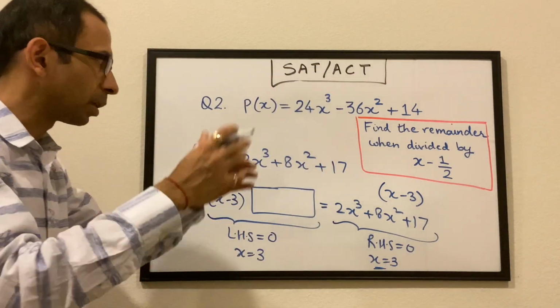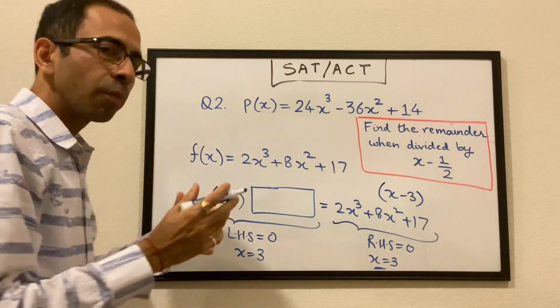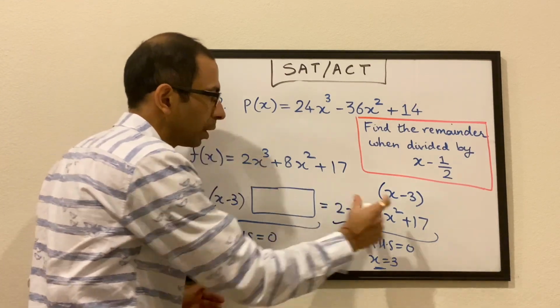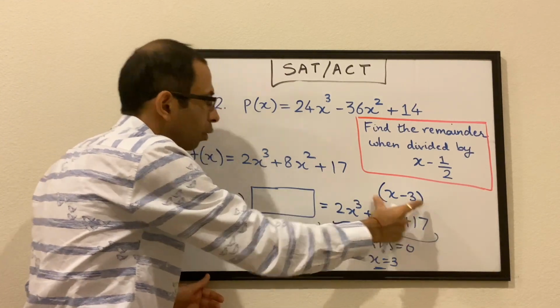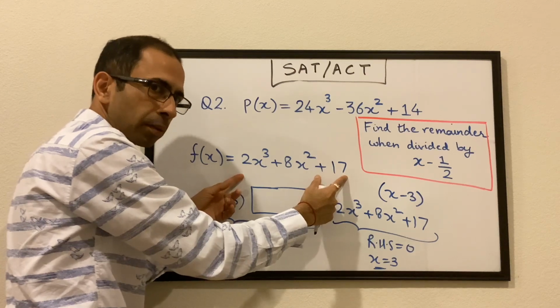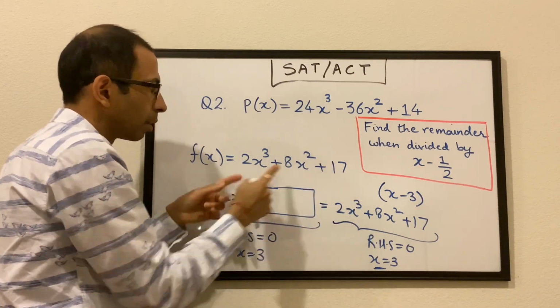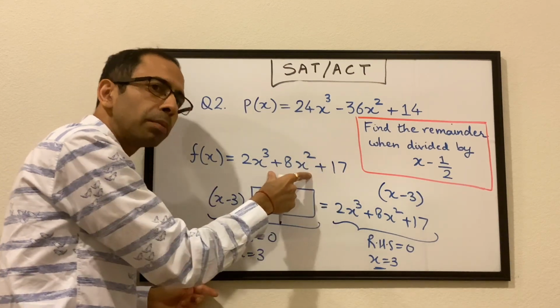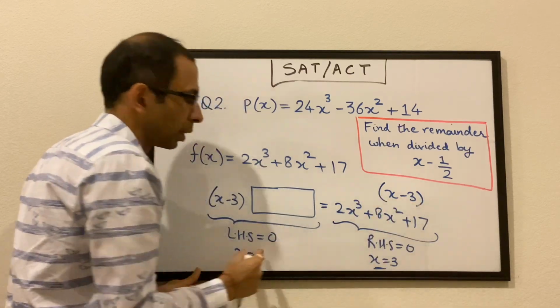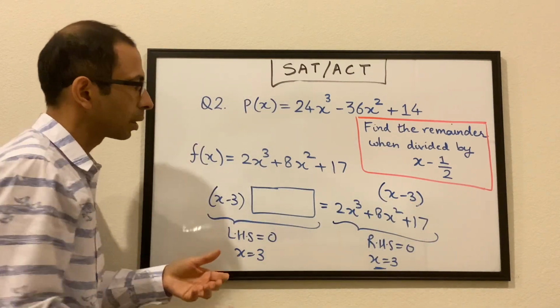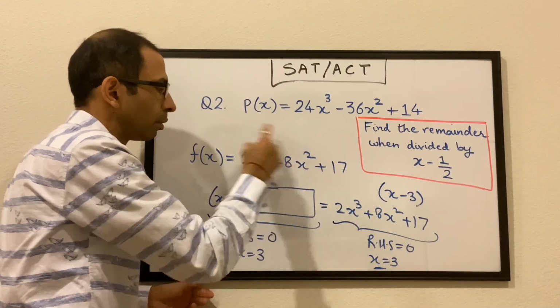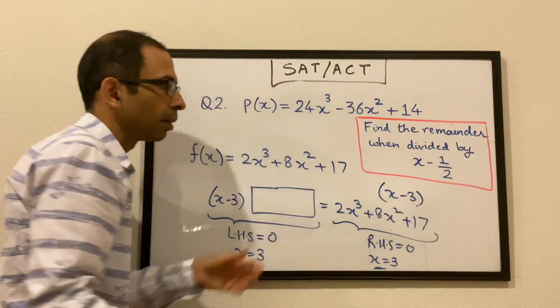Correct? In other words, how do we connect the dots? What we are saying is that if x minus 3 were a factor of this, then the value of this function will become 0 when we put x equal to 3. Or in other words, the remainder when we divide f(x) by x minus 3 will be 0.